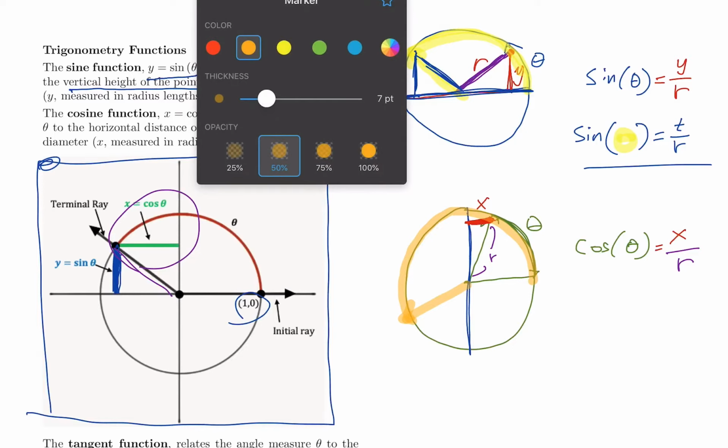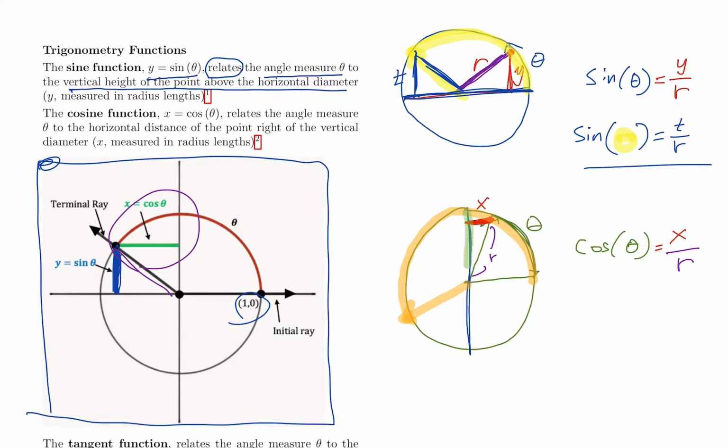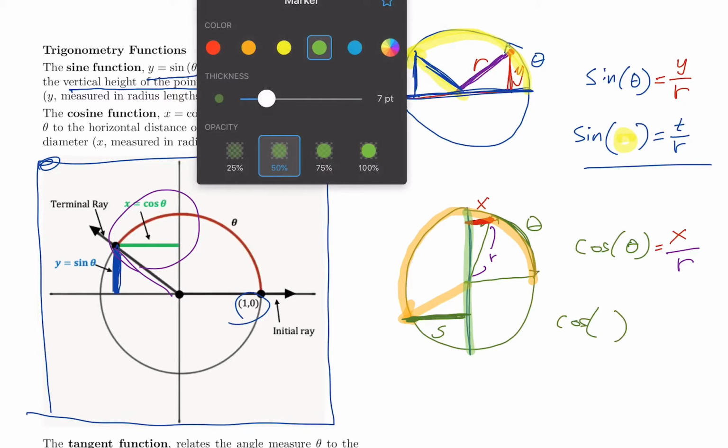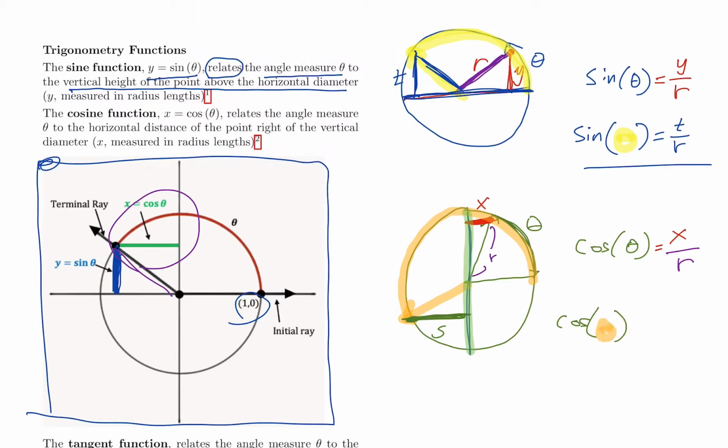So then the way we think about it is, okay, here's the vertical diameter, and I want to measure this distance right here from vertical diameter to the angle's terminal ray, measured in radius length. So let's call maybe this length S. So then cosine of this orange angle equals S over radius length.